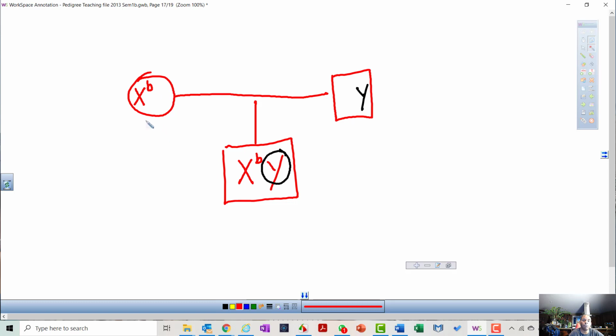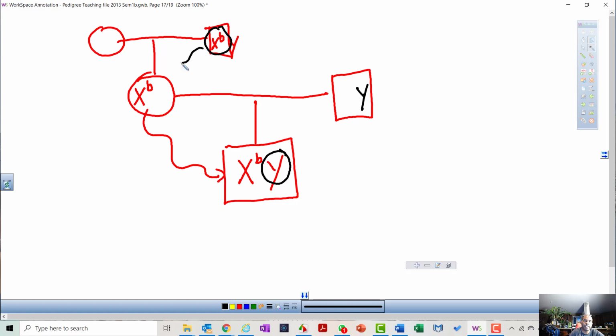Okay? So mom gave son the balding gene. So if you want to determine as a son whether or not you might go bald, you don't look at your father, you look at your mother's father. So when I go up here, further along the line, this X could come from her father. He could have passed it on to his daughter, your mom, and then she could have passed it on to you if you're concerned about this.